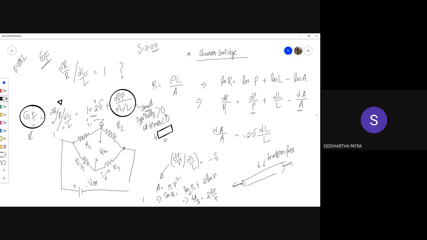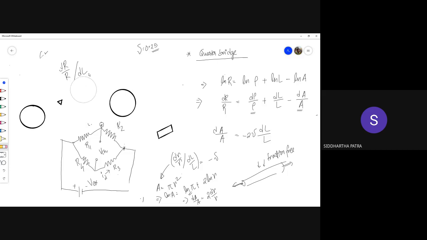Okay. Now let's talk about a quarter bridge. But we know what is the order of magnitude of gauge factor, right? It's about 1.5 or something.